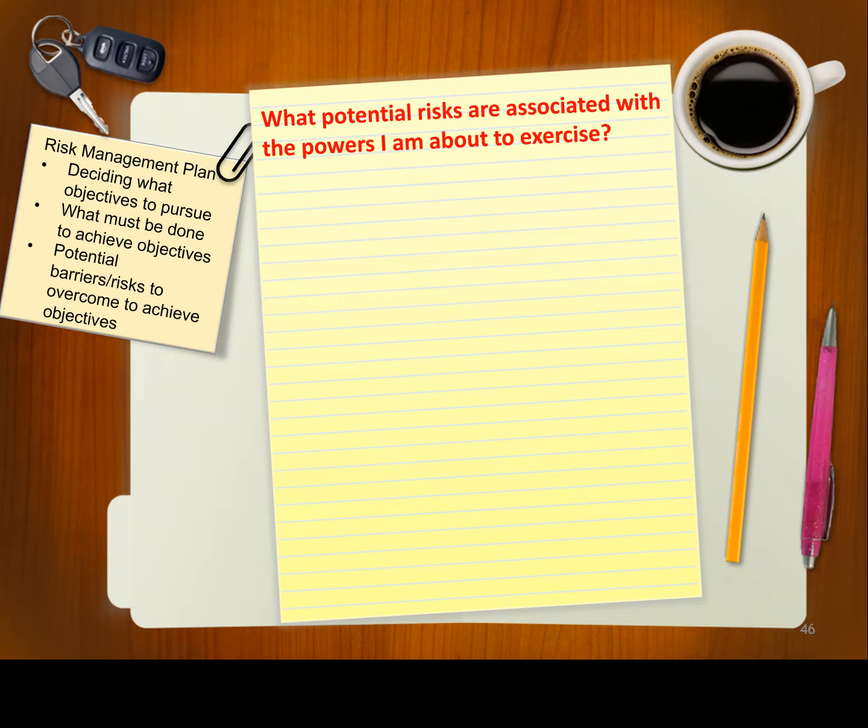You're about to go into a situation which potentially has high risk associated with it. So you want to be doing some forethought about what potential risks we're going to encounter and how we might gather information to inform ourselves of the extent of the risks that we might be walking into in terms of executing a search warrant in a high-risk situation.